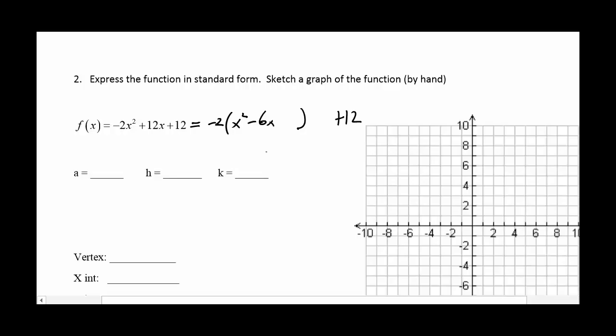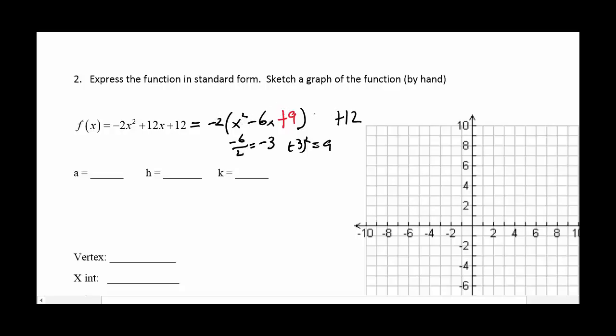Okay. So if we take the negative 6 over 2, we get negative 3. And negative 3 squared equals 9. So I'm going to add 9. But that's not really what I added. If I take that negative 2 and distribute it in, I really subtracted 18.